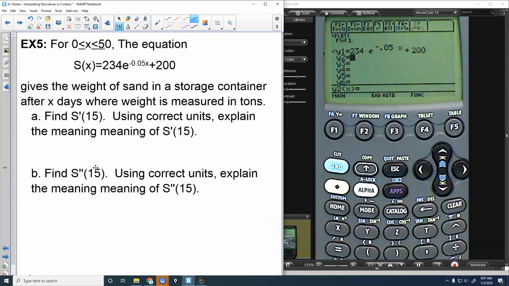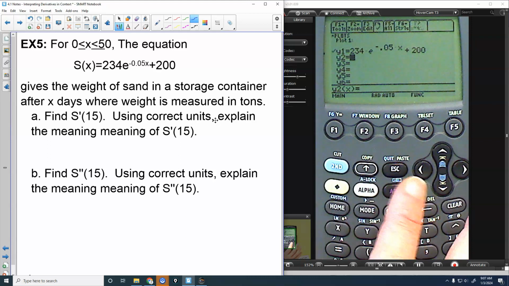And it asks for S prime of 15, and using correct units, we're supposed to explain the meaning. So the math part, particularly if it's calculator active, is the easier part of this. So we're going to go back to the main screen.